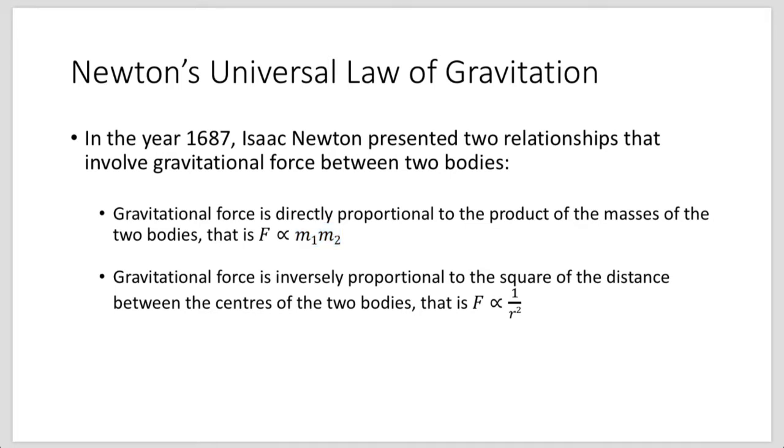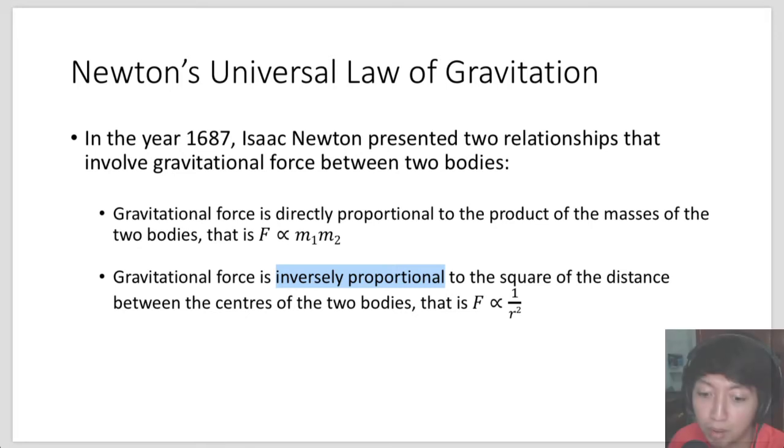The second relationship is also very important. The gravitational force is inversely proportional. Inversely means the opposite. Inversely proportional means when one goes up, the other goes down. Proportional means when one goes up, the other goes up.